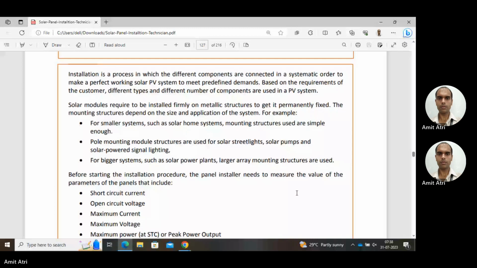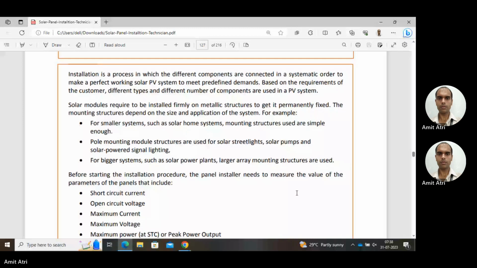Likewise for solar pump and solar powered signal lighting, in all of these cases we can opt for a pole mounting structure. Coming to bigger systems, of 10, 100, 1000 kilowatt, maybe a few megawatt, for such solar plants larger array mounting structures are used. All of them we have discussed in our previous units, so I won't go into detail for that.